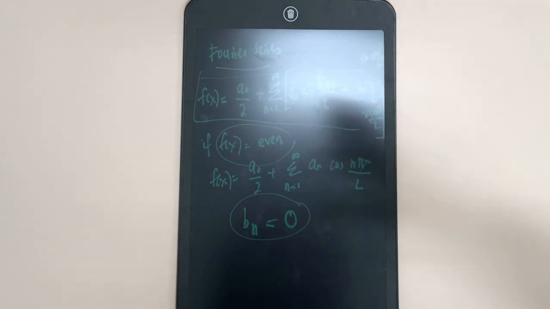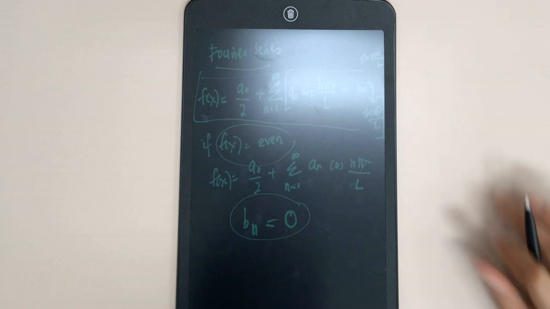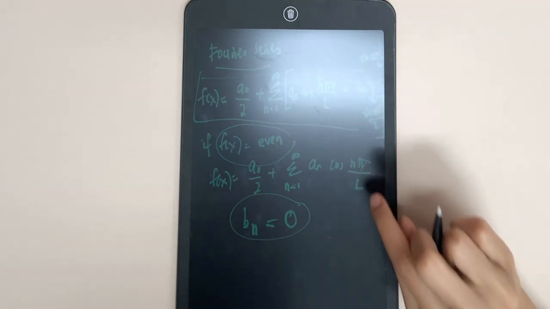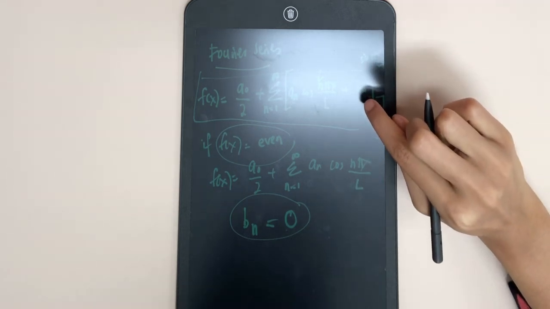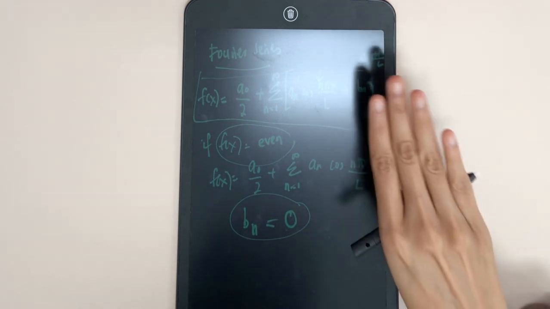It's easy like this: if your function is even, your Bn is 0. You just remember that one. So automatically you will get this equation, because you know that Bn is already 0. So you are just left with A0, An and so on, other than Bn.